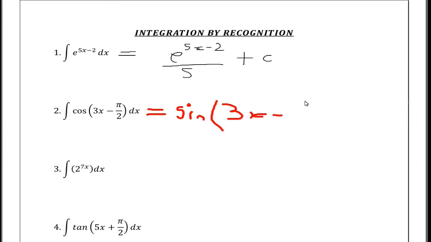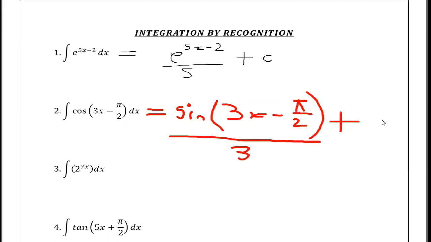But then, of course, all of this is going to be divided by the derivative of what's inside this bracket, which is 3. So all of it is being divided by 3, plus your constant of integration. So you write here plus C.